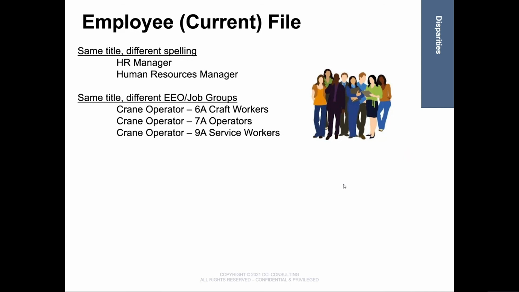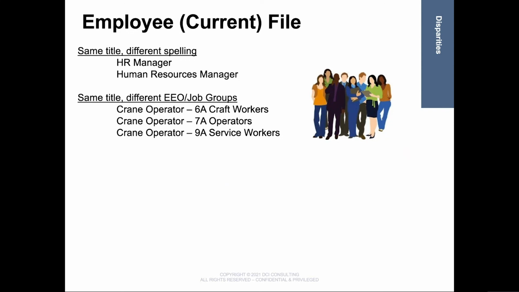Same job title, different EEO and job groups. So this is a no-no. This is in the regulations: you should not have any title that crosses EEO or job group. In this case, this company has their job groups established with the first digit being an EEO code.